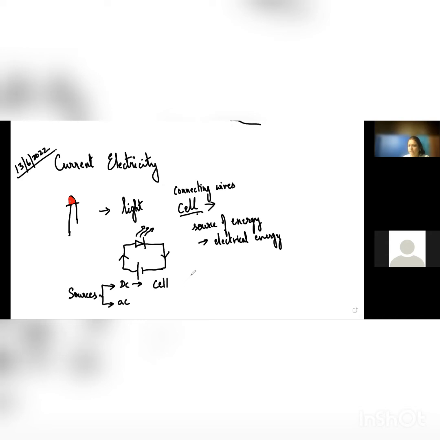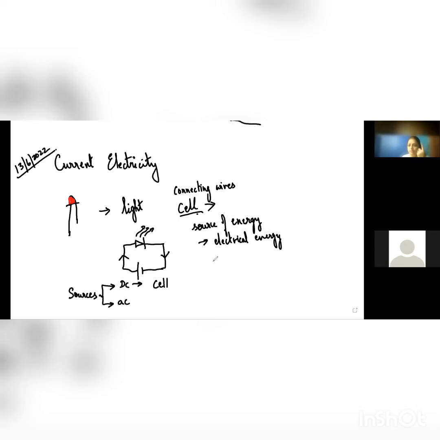Can you tell me anything about AC? What are the components which work on AC? Any one component. I'm having something in the chat box. Source. Yeah, it's a power source. Yeah, correct. True, it's a power source.